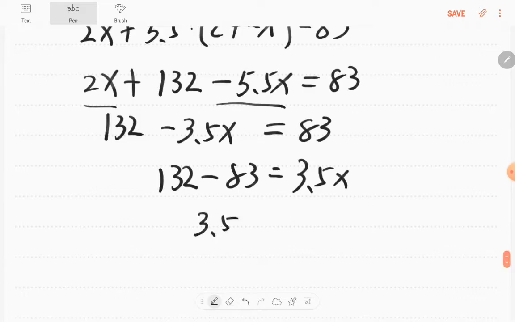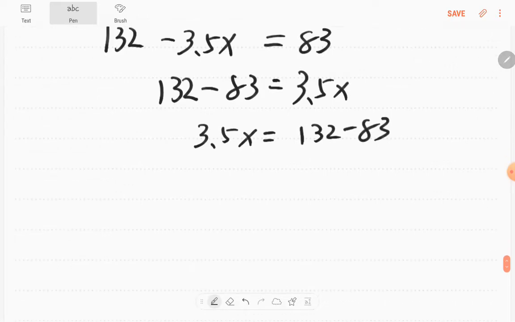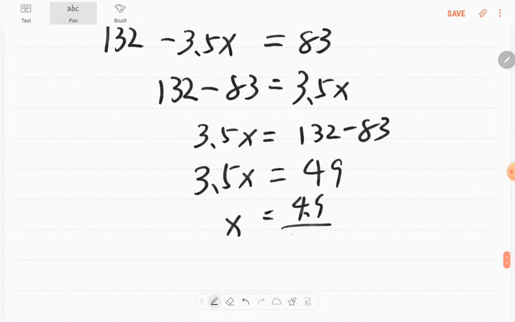So 3.5x equals 132 minus 83. 132 minus 83 would be equal to 49. So 3.5x equals 49, so x equals 49 divided by 3.5, which equals 14.